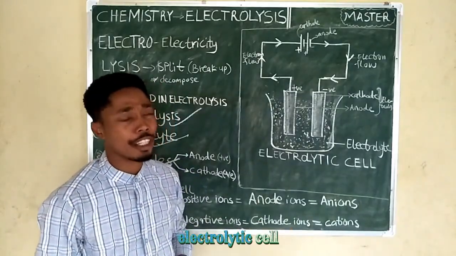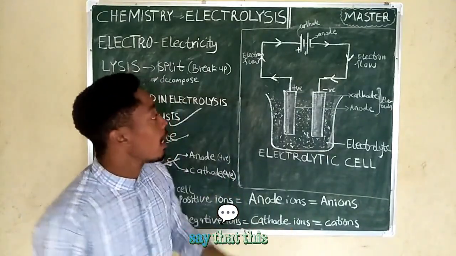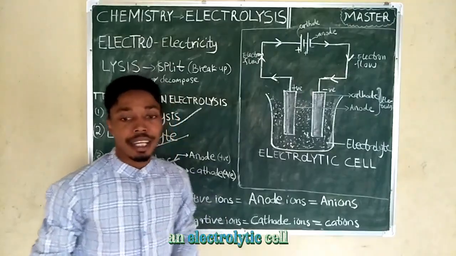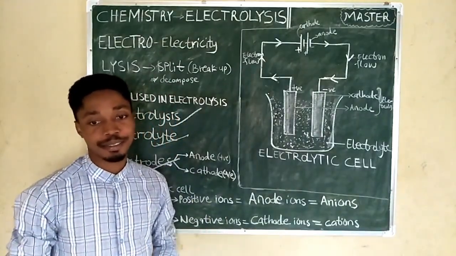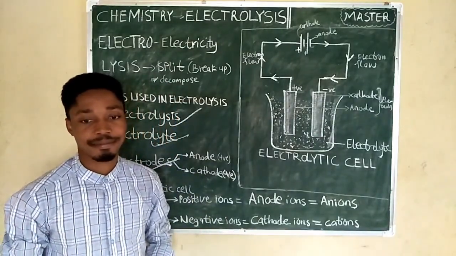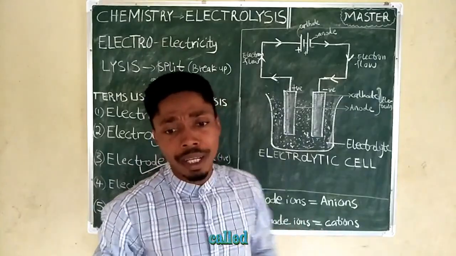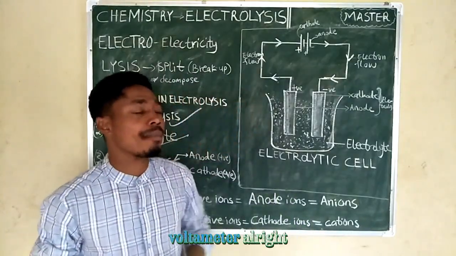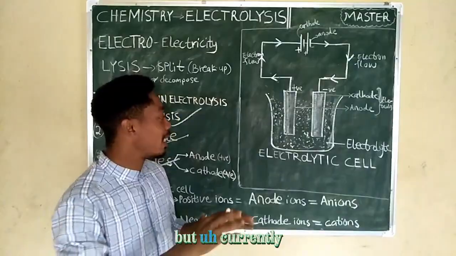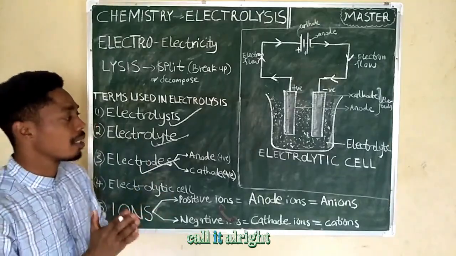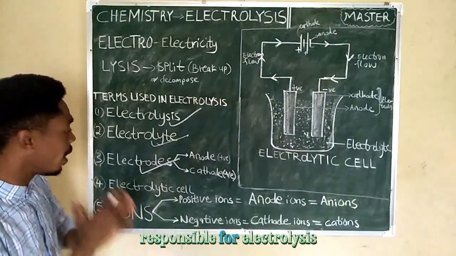That's what we mean by electrolytic cell. That is to say that this setup is an electrolytic cell. In the early days, the electrolytic cell was also called the voltameter, alright? But currently, it's electrolytic cell. This is what we call it. It is a cell that is responsible for electrolysis.